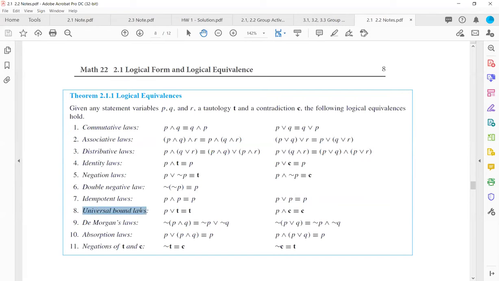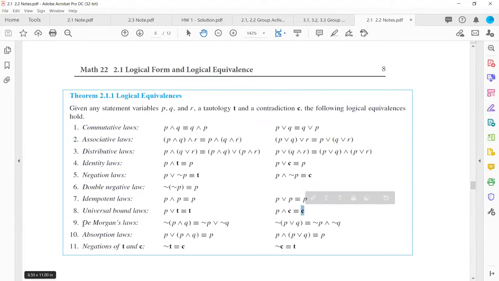Universal bound laws. If we combine P with a tautology using or, the outcome is always true. It is a tautology. If we combine P with a contradiction using and, it's going to be always false. The outcome is a contradiction.